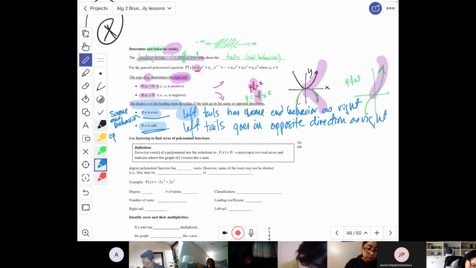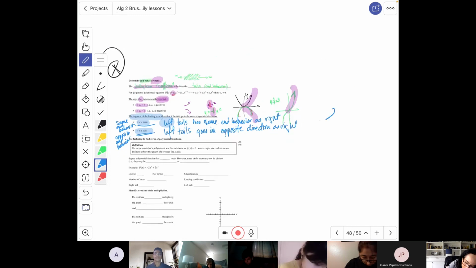Odd, opposite end behavior. That means for even, they either both go up or they both go down. For odd, if one goes up, the other goes down. Does that make sense? Yeah?